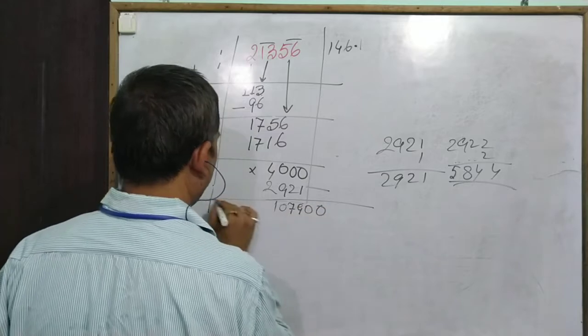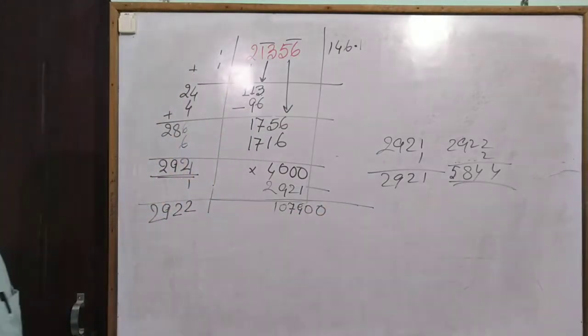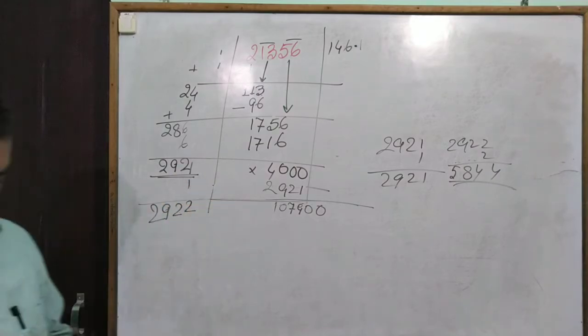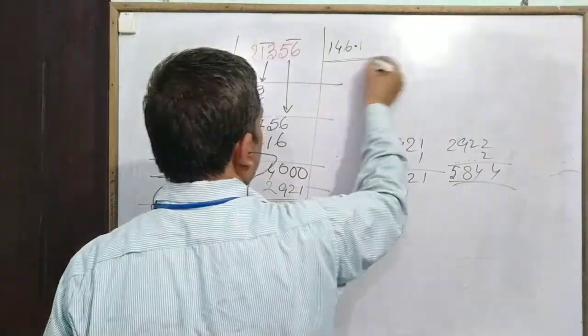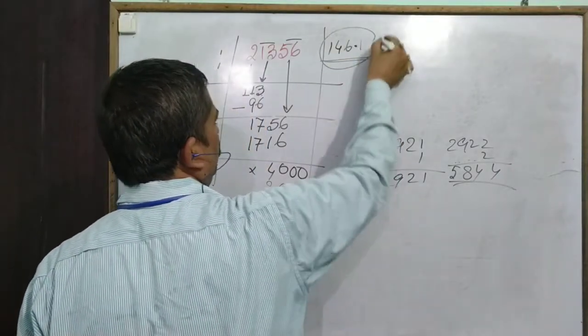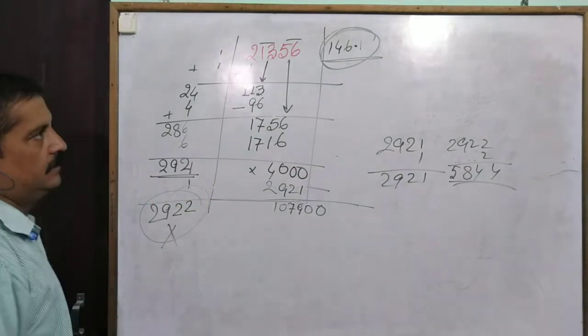Always carry the 2 digits in that, so that it continues to the solution. That's the method. So square root of that is approximately 146.1. That is the answer.